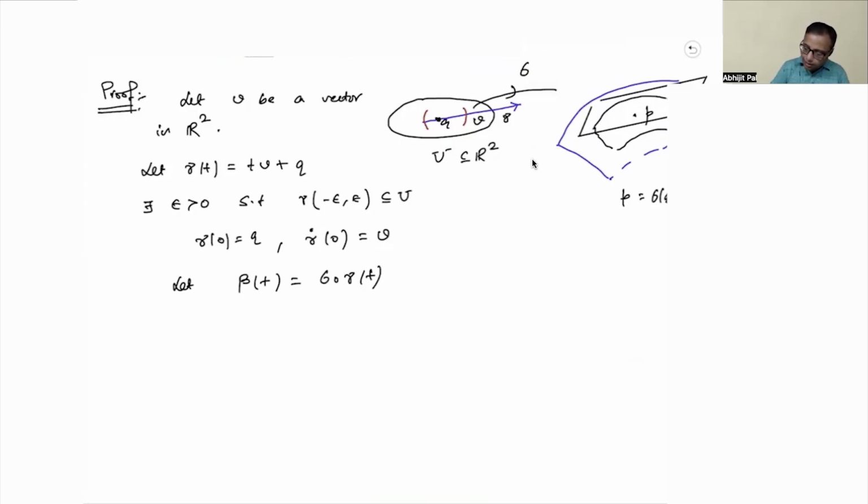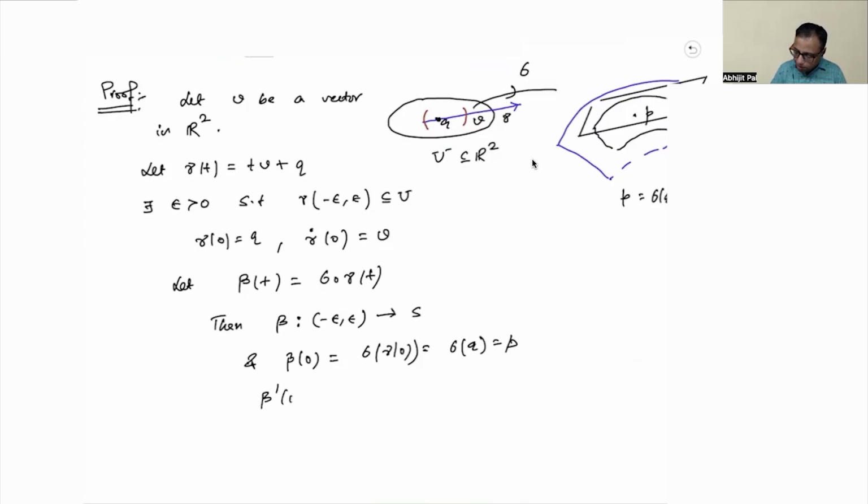So this beta is a curve from minus epsilon to epsilon. And what is beta 0? Beta 0 is sigma of gamma 0, which is equal to sigma of q, equal to p. And what is beta prime 0?